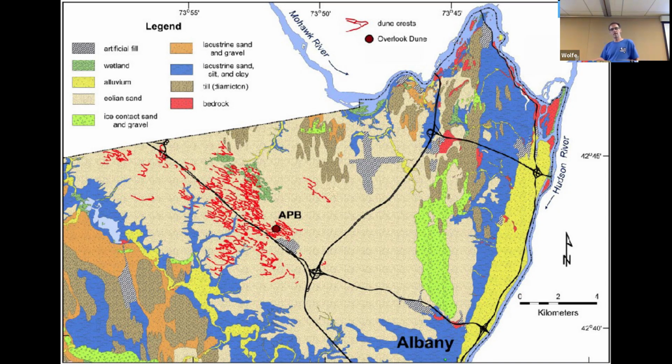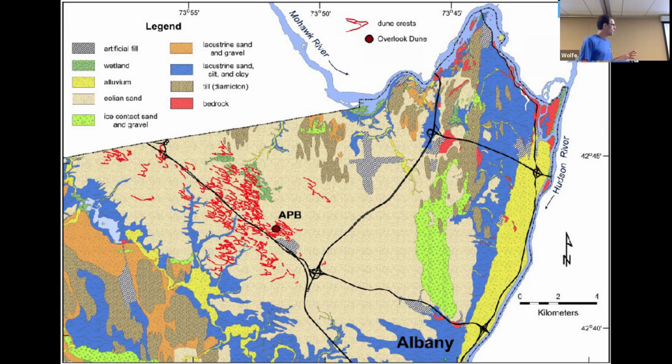So I have a couple of maps to show. This is the superficial geology, the sediments that are on the surface in the Albany Pine Bush area. All the red that you see, those are dunes. A colleague of mine, actually a student, mapped every little dune right here to show that particular area.